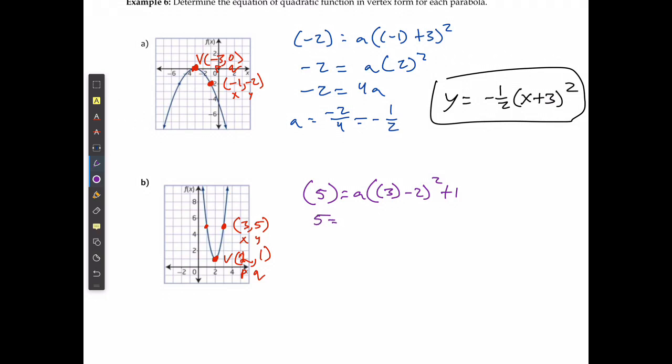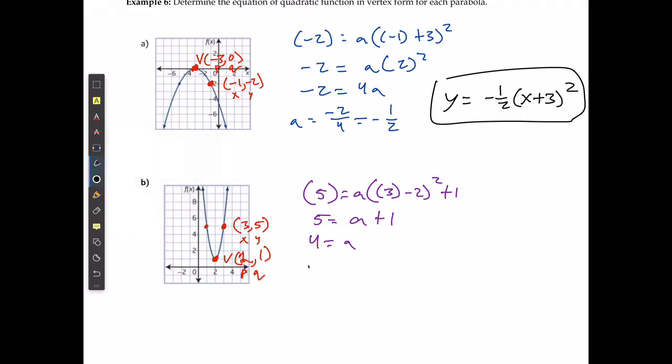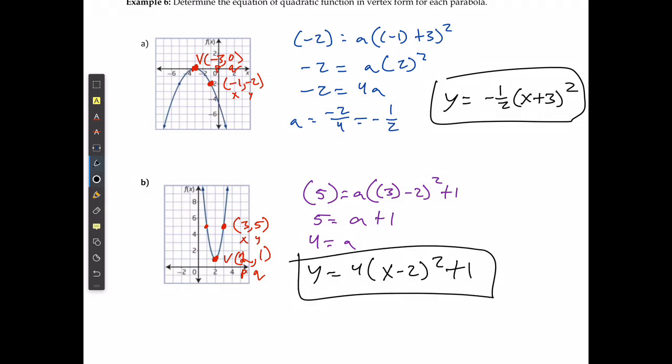Five is equal to 3 minus 2 is just going to be 1. 1 squared is just going to be 1, or a plus 1. And 4 is going to equal a. Which means that y is equal to 4(x minus 2) squared plus 1. And that's it.